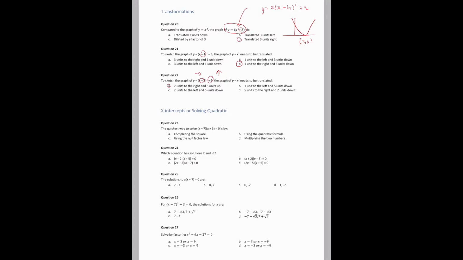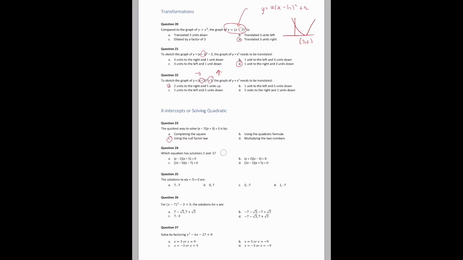For the next series of questions, it's now asking you to identify the x-intercepts or solve it. In this case, for question 23, because it's already factorized, the quickest way to solve for it is to use the null factor law, okay? So C will be the correct answer. For question 24, which equation has solutions 2 and -5?